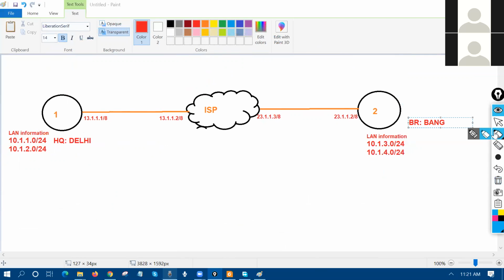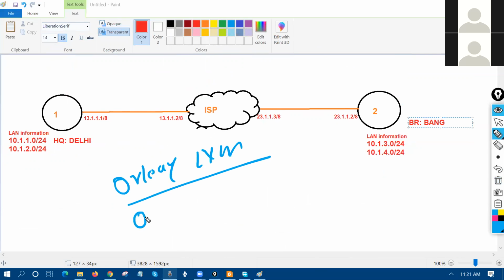I just need to create one overlay network. I'm just going to create one overlay, or we can say one logical topology, or one virtual topology.